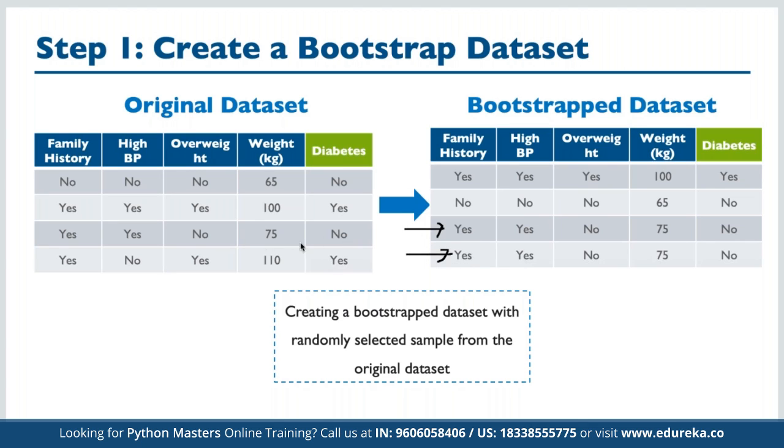So row 75 has been taken twice, which means some tree will take these two rows only and repeat them both. Some tree might take the first and fourth row and repeat the fourth row thrice. This kind of permutation and combination will occur, and you will have n number of subsets. This is what is called bootstrapping of your data.